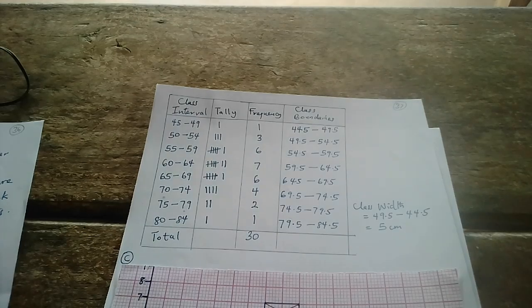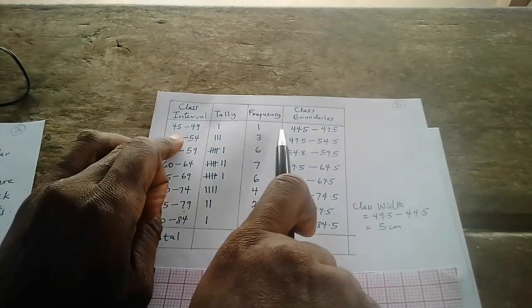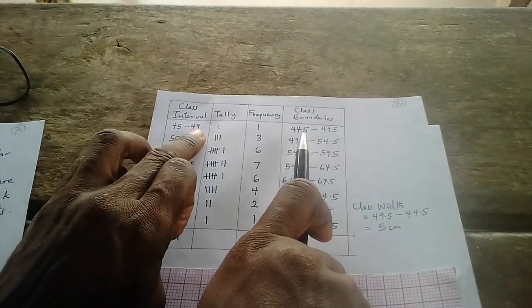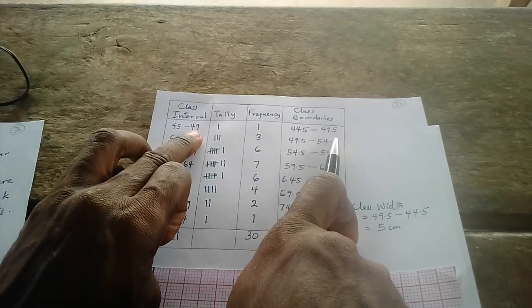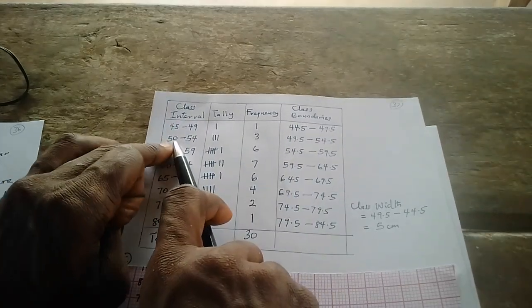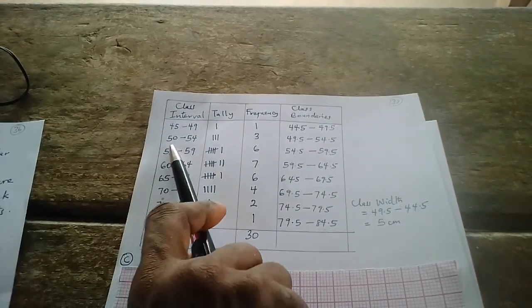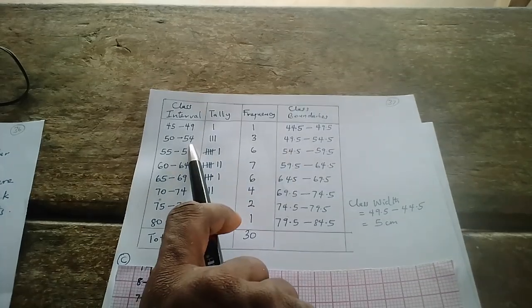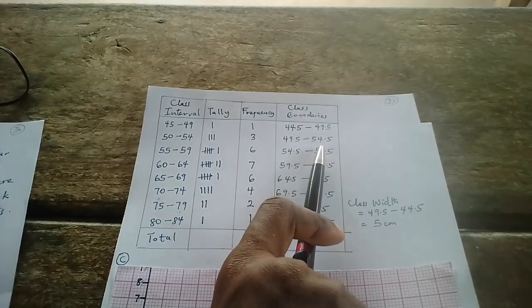So subtract 0.5 from 45, you have 44.5. Add 0.5 to 49, you have 49.5. Subtract 0.5 from 50, you have 49.5. Add 0.5 to 54, you have 54.5.